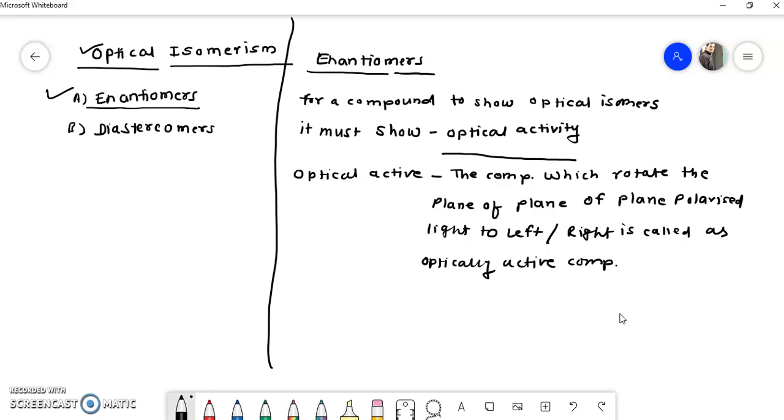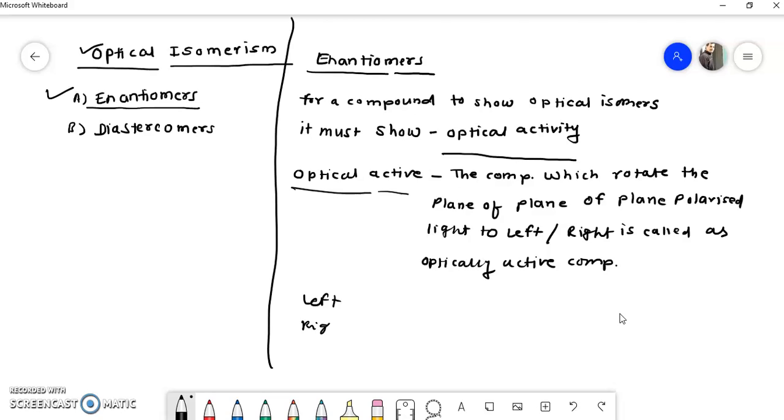In a previous video I explained that when we keep the sample, and if the plane of plane polarized light is rotated by that sample, then that compound is called optically active. It can rotate the plane to left or to right.